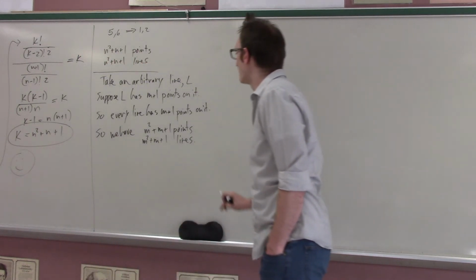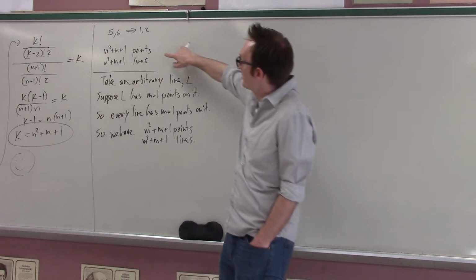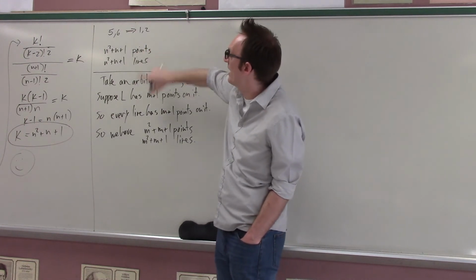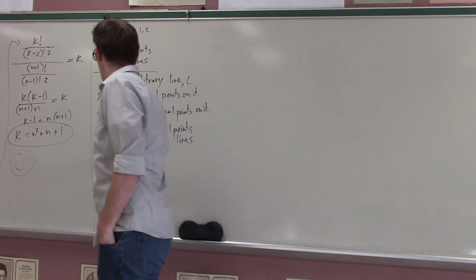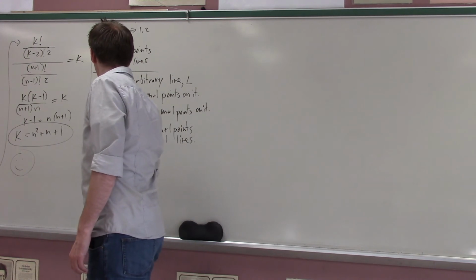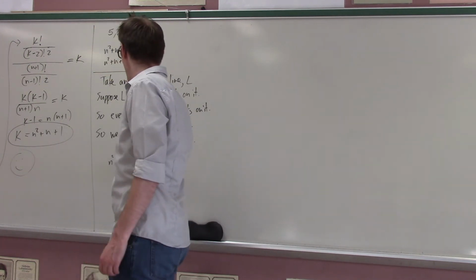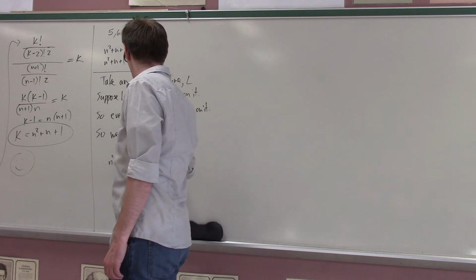But I know by assumption, that's number 5, that there are n squared plus n plus 1 points. So what we know is that we have this many points, and we have this many points.